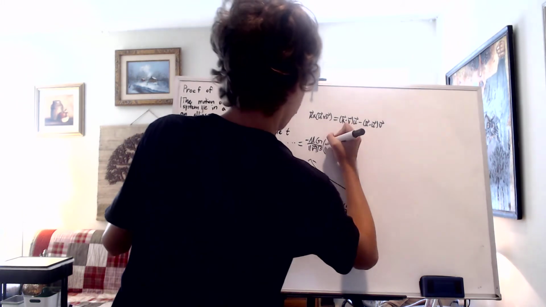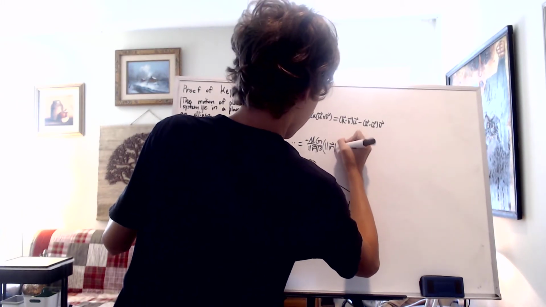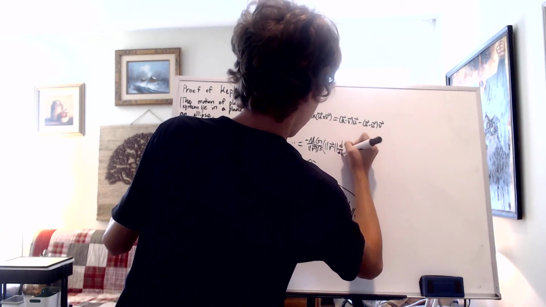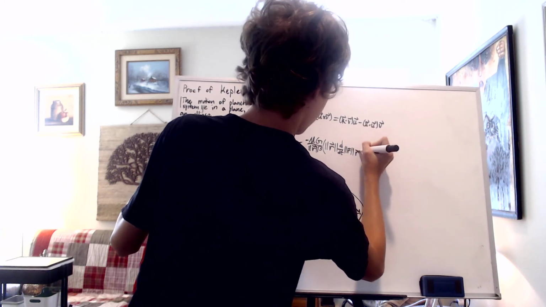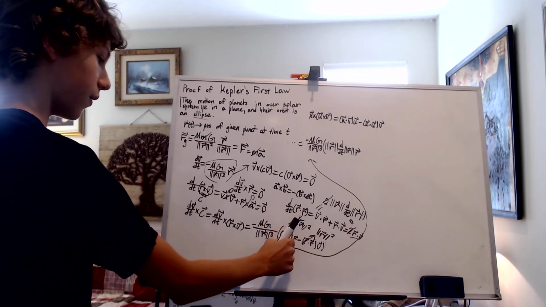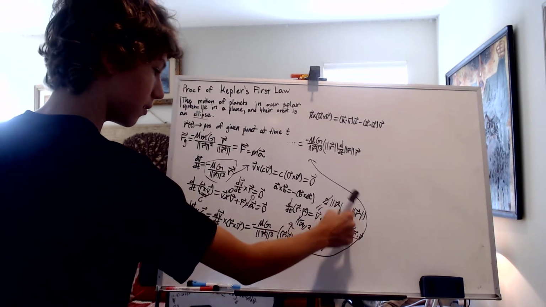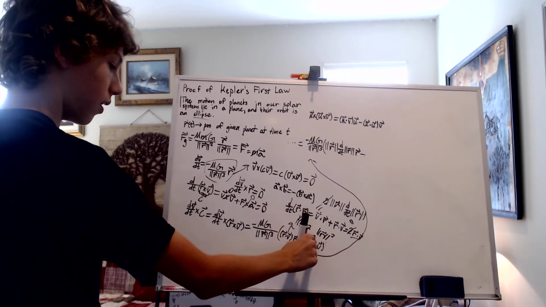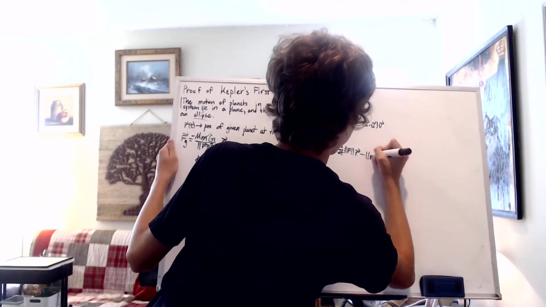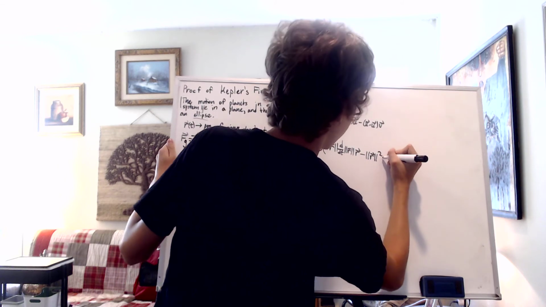So magnitude of r d dt r, okay, I think, if I am not mistaken, yeah, minus r dot r, which is just magnitude of r squared, v.